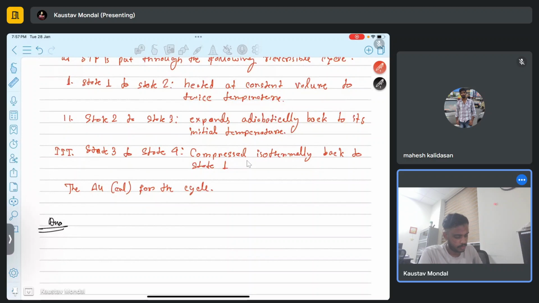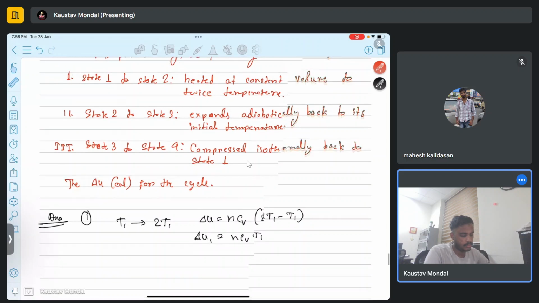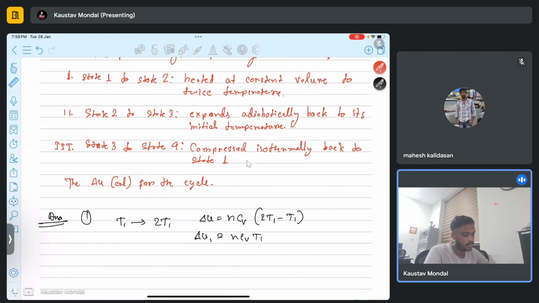During process 1, T1 goes to 2T1. So delta U for this case will be n CV into (2T1 minus T1), so n CV T1. That would be delta U1 for the first case.